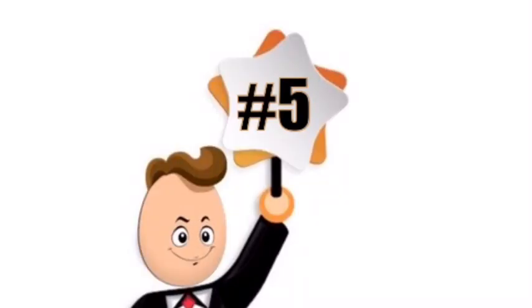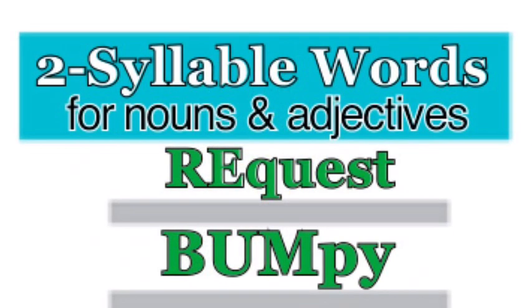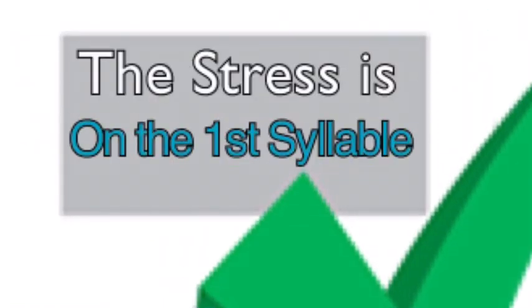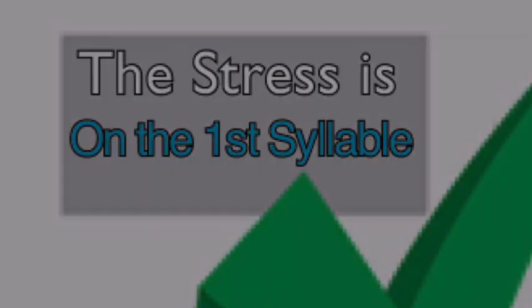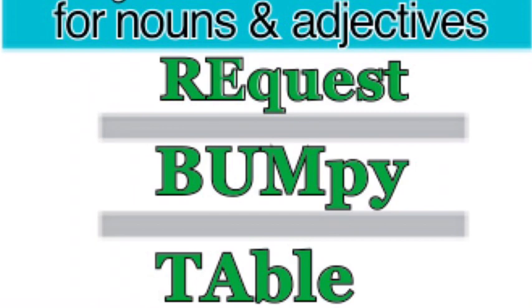Tip number 5, baby. Now, how do we handle two-syllable words? For two-syllable words that are nouns and adjectives, the stress is on the first syllable. Example: a request, a bumpy road, a table.